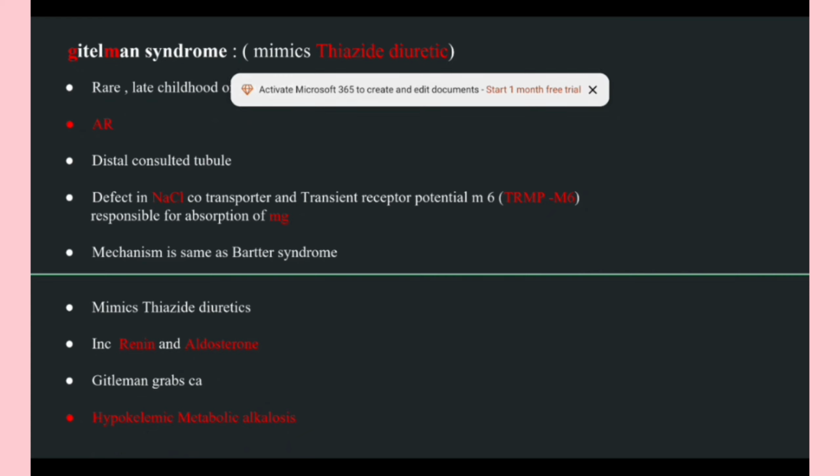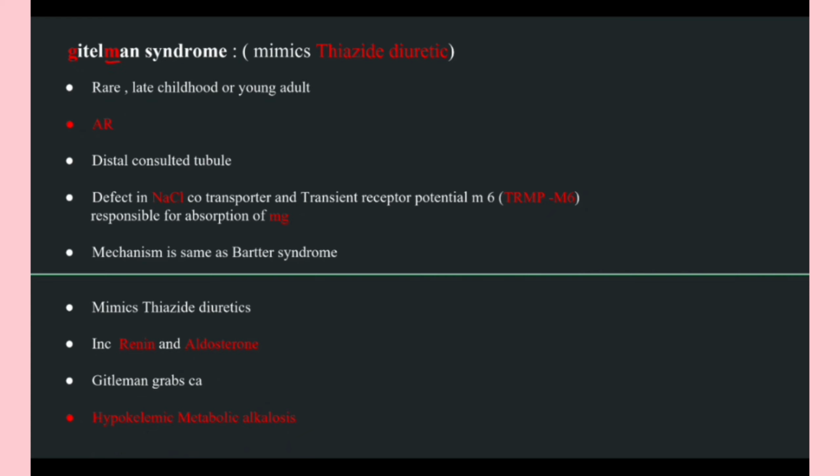The next one is Gitelman syndrome. In Gitelman, if we observe, there is M and G, and Mg is for magnesium. It mimics thiazide diuretic use. It is also a rare disorder. It usually manifests in late childhood or young adulthood. It is also an autosomal recessive disorder.